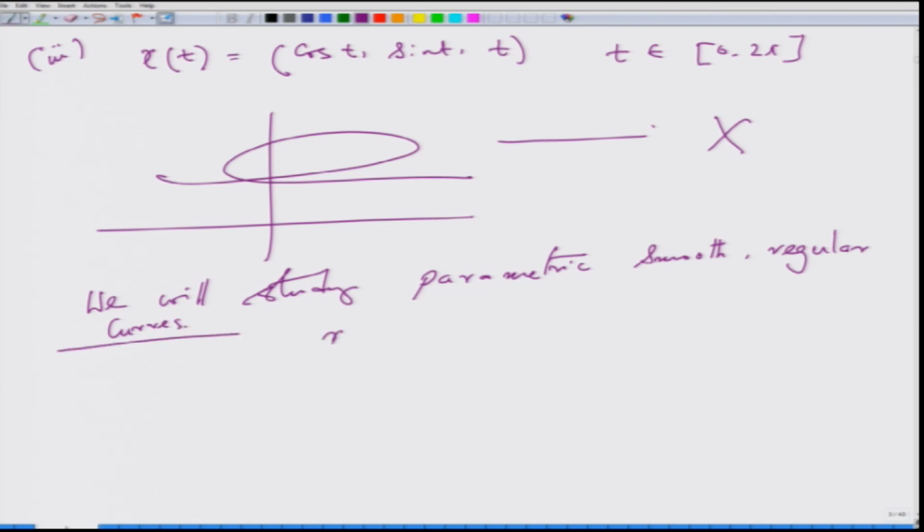What does it mean? Okay, a curve for us is a map from [a, b] to R^n. This is a parametric curve.